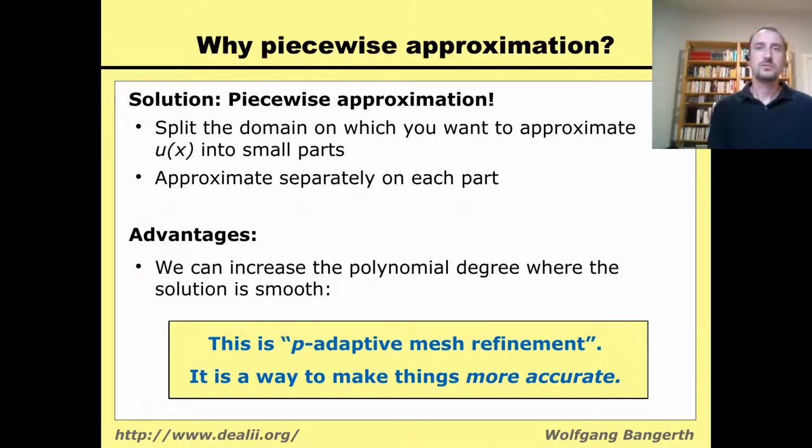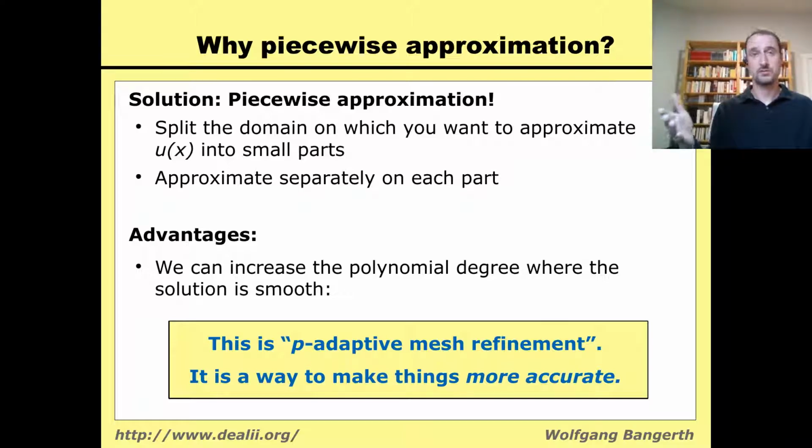Similarly, I can use a process that is called P-adaptive mesh refinement. P-adaptive mesh refinement is typically intended as a way to make the solution more accurate. And what it means is that in areas where the solution is nice and smooth, so if you remember the pressure for the Stokes equation, for example, there were large areas where the pressure field was very smooth. In those areas, if I have a large cell and I use a piecewise linear approximation, I might get a decent approximation.